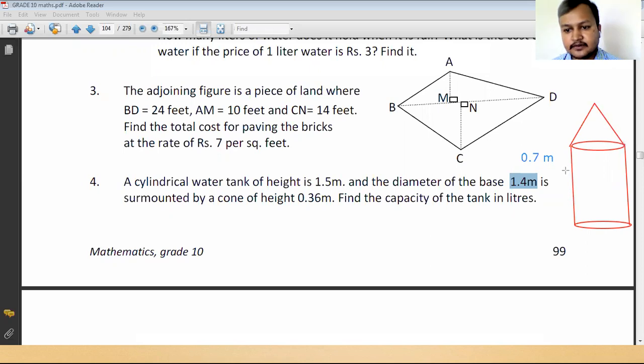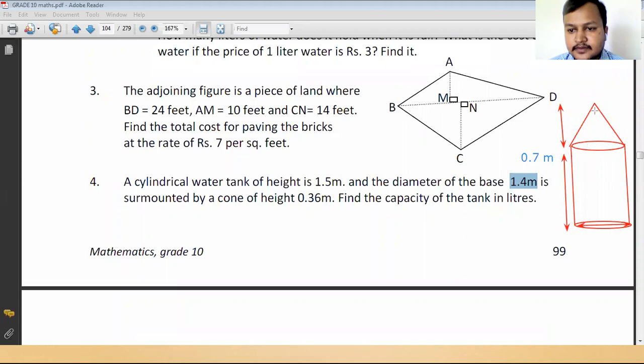The height of the cone is given, 0.36 meter. The height of the tank, this cylindrical part, is also given, 1.5 meter, and the diameter of the base is 1.4 meter. We have to find out the capacity of the tank, which means the volume of this tank.